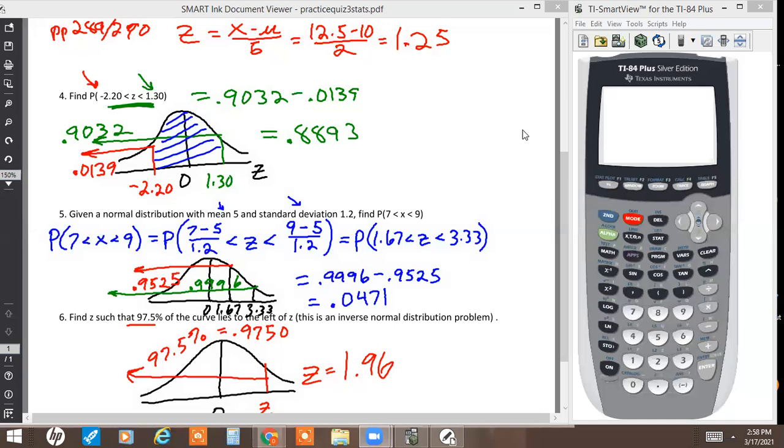All right, those of you that are using a graphing calculator to do problems like 4, 5, and 6, problems 4 and 5, you're using what's called a normal CDF. So let me clear up some space here.